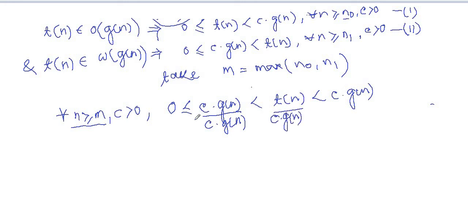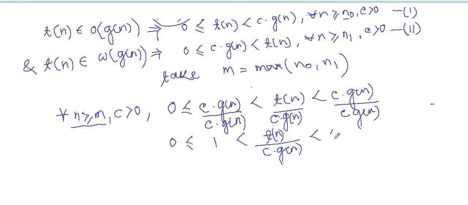This will give us 0, so no need to write there. What will this give us? This will give us 1, this will give us 1. We get this equation now.